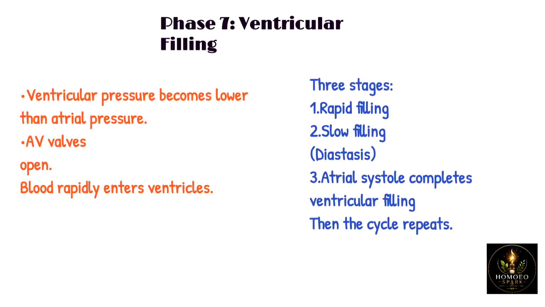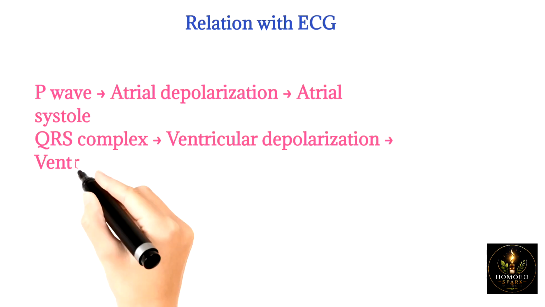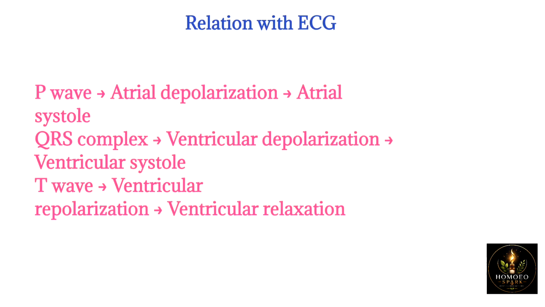Now going on to the relation with ECG. ECG stands for electrocardiogram. Electrocardiogram is a graphic recording of the electrical activity of the heart obtained from electrodes placed on the body surface. So P wave, QRS complex, and we have T wave. P wave represents atrial depolarization, atrial systole.